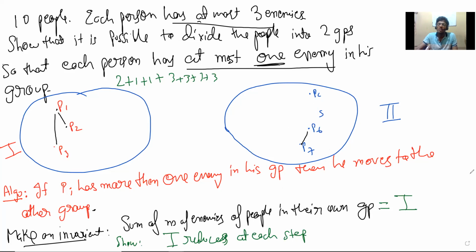Once you show that I reduces at each step, well, what does that mean, right? At some step I can become 0, but then after that it cannot reduce any further. But then what does that mean? It means that you cannot really go further. You have to stop. So it would mean that the algorithm has to stop.